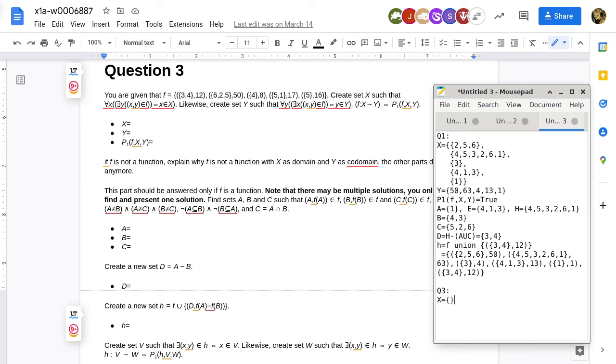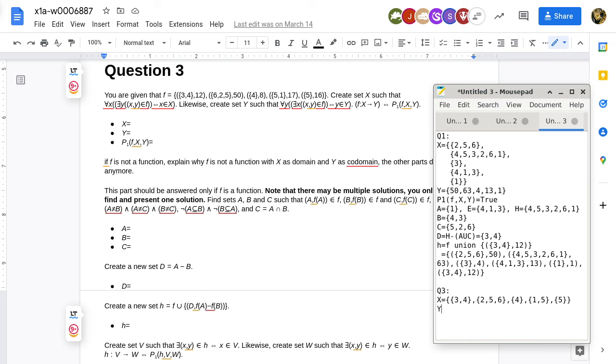X is the set of the first item of every two-tuple. So it's going to be 3, 4, 6. Some of you are saying, can we just look at it sorted? Yes, fine. We'll look at everything sorted. And then 5, finally, like that.